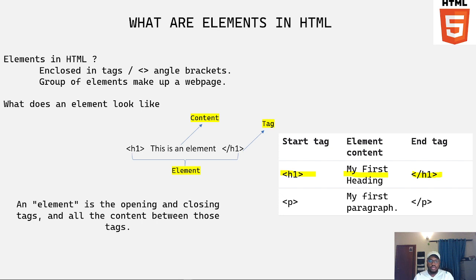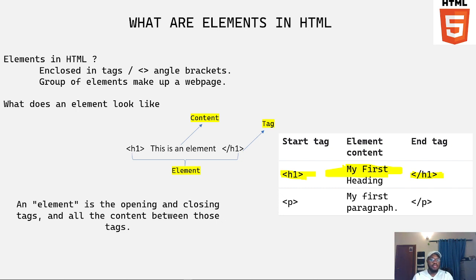Basically, when we create an element, we use an opening or start tag and a closing tag, with the text in between these two tags. Now, people often interchange the terms elements and tags.